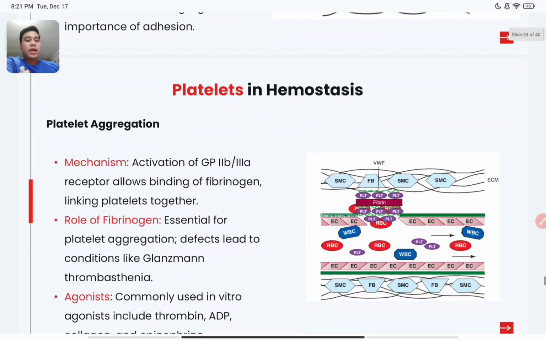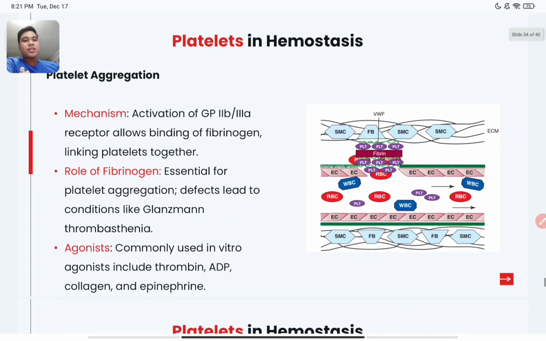Okay? So, after that, we have your platelet aggregation. Aggregation naman is 2B3A, di ba? Platelet aggregation, activation of your 2B3A receptors allows binding of fibrinogen, linking platelets together. So, platelet, GP1B, 2B3A, fibrinogen, and then platelet. So, yan siya.